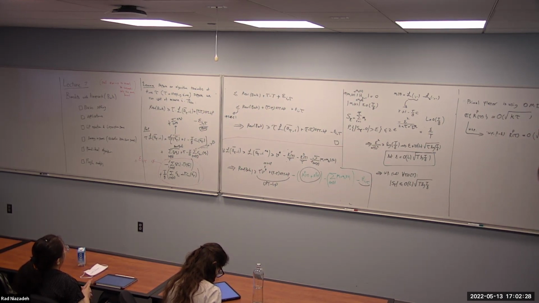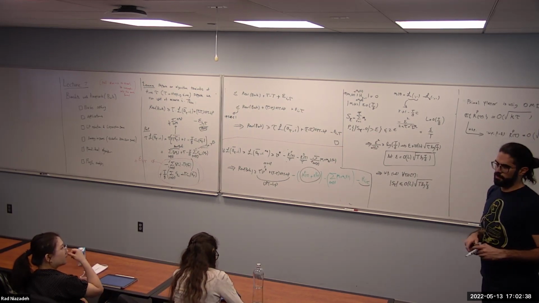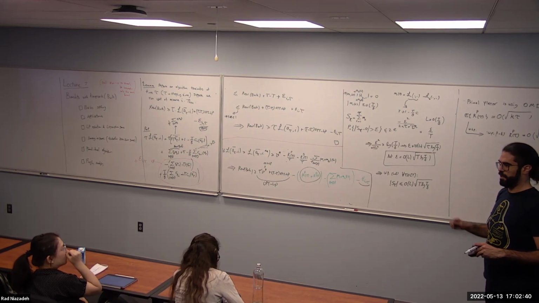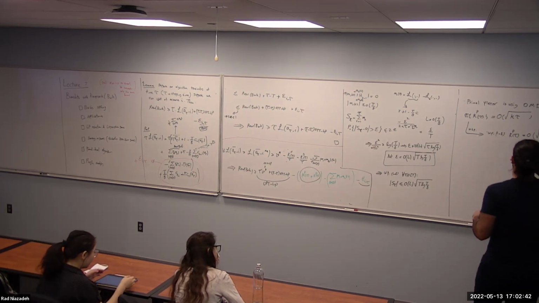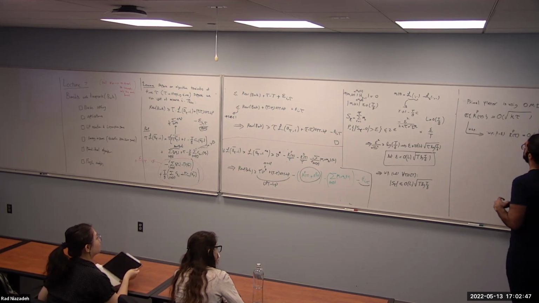And this log of tau divided by delta comes from the union bound. This is fairly standard, so I'm not going to show you the details. If you are really curious, just go to the online convex optimization book of Sebastien to see how we can get a high probability bound for adversarial online learning. But I'm using this result in a black box fashion.